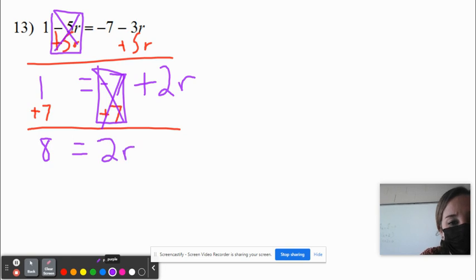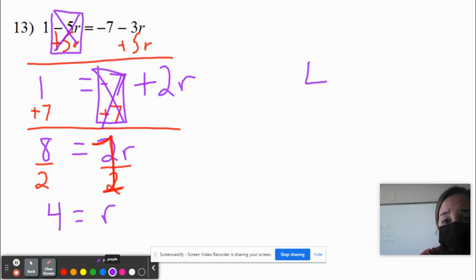We have 2r left over. Now 2r means 2 times r, so we're going to divide. You sort of just do the opposite. Divide by 2 on both sides, because 2 divided by 2 is 1, giving us 1r, and 8 divided by 2 is 4. So your final answer is 4.